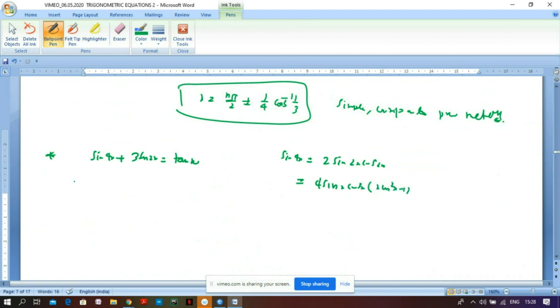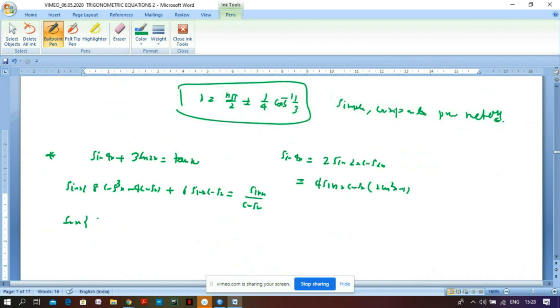If you do that for sin 4x, then you will get sin x into 8 cos cube x minus 4 cos x, plus 6 sin x cos x is sin x by cos x. I can multiply throughout.